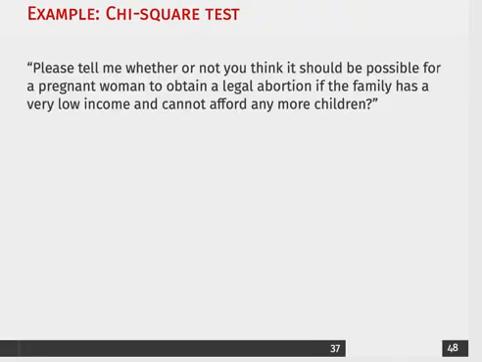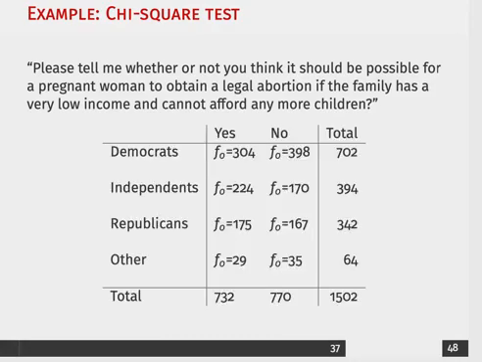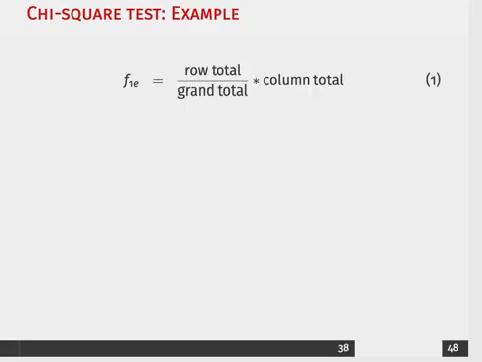And that's going to lead to our chi-square statistic. In the context of our example, remember, here are the observed frequencies that we had from the previous slides. So now we can calculate the expected values as well. Remember, the expected value for each cell is the row total over the grand total times the column total.